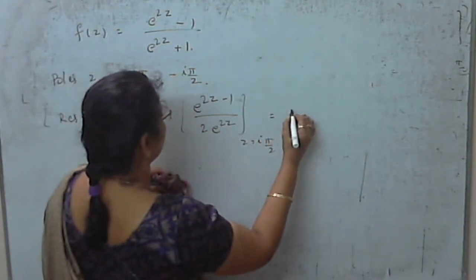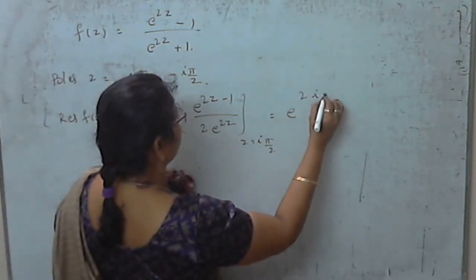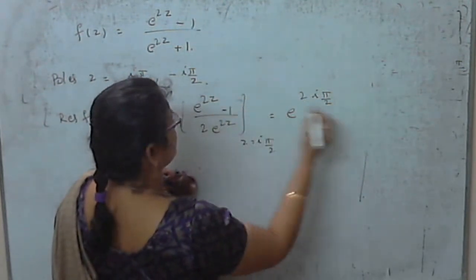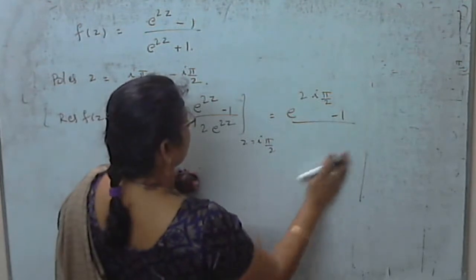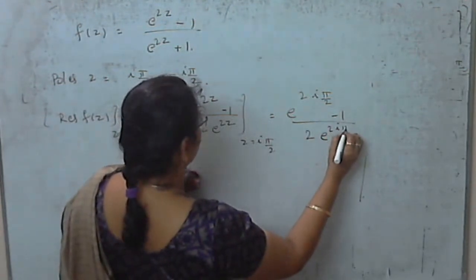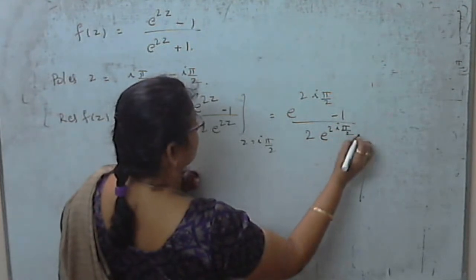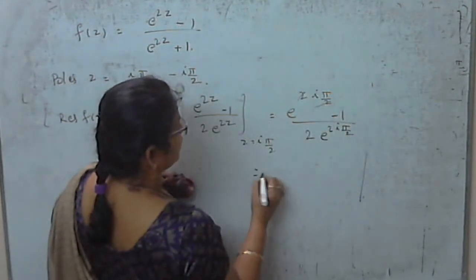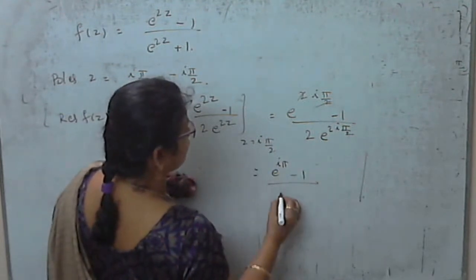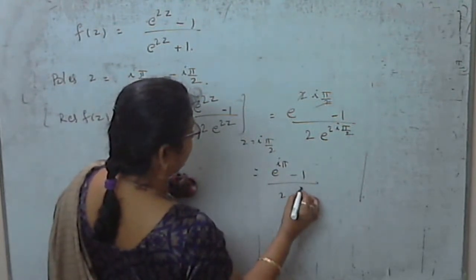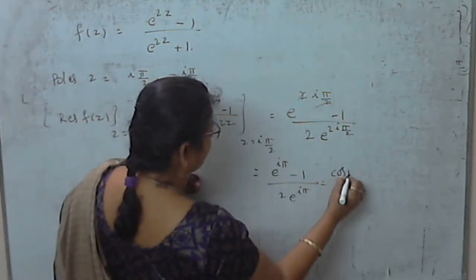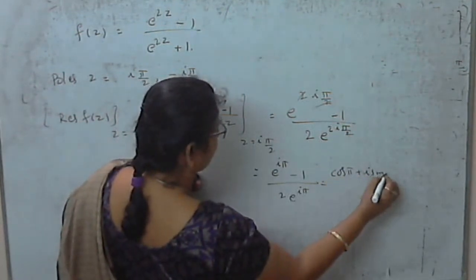So (e^(2 i pi by 2) minus 1) by (2 e^(2 i pi by 2)), calculating: (e^(i pi) minus 1) by 2 e^(i pi). e^(i pi) means cos pi plus i sin pi.